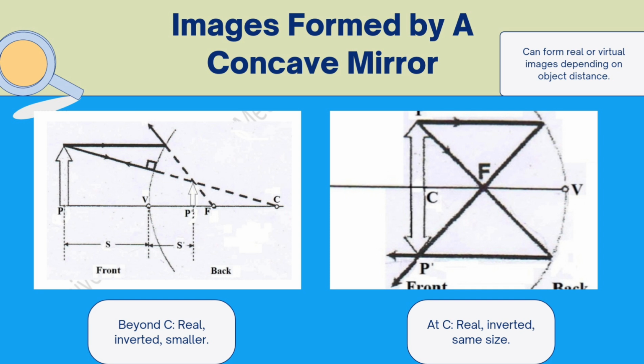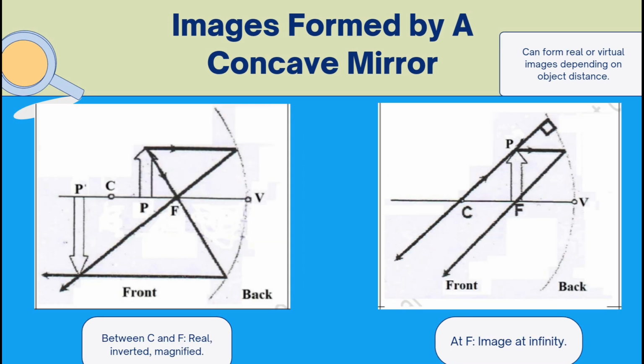That's why concave mirrors are used in things like makeup mirrors or shaving mirrors, because they make the face look bigger. So, basically, a concave mirror can form either a real or a virtual image depending on the position of the object.